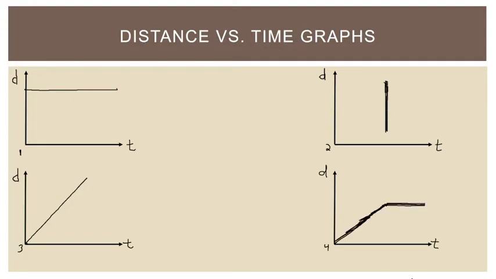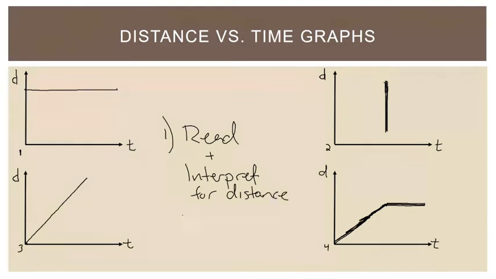Okay, so now that you have these graphs drawn, I want you to do 2 things. The first thing I want you to do is read the graph and interpret for distance. So what's happening to the distance and what does that really mean?